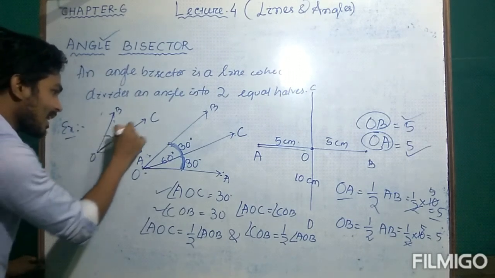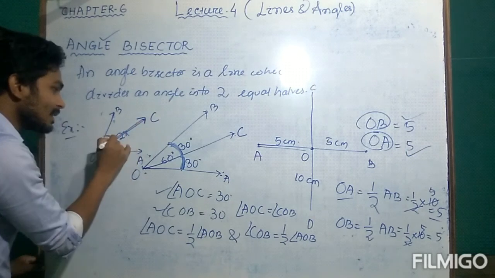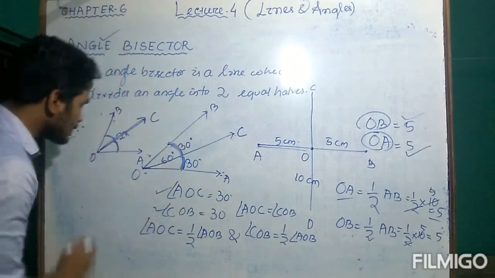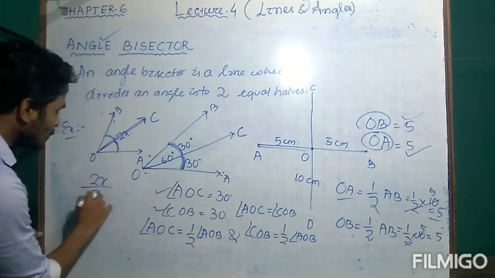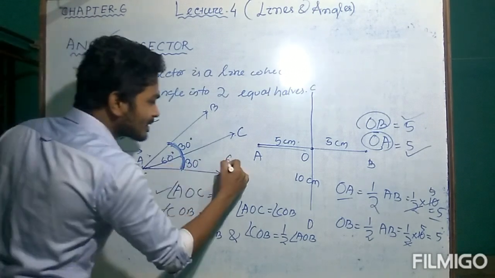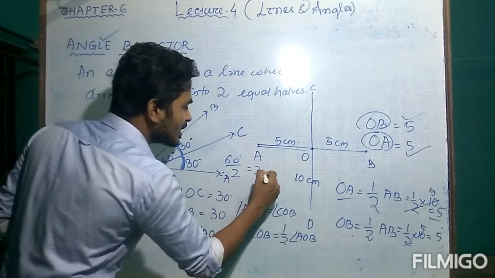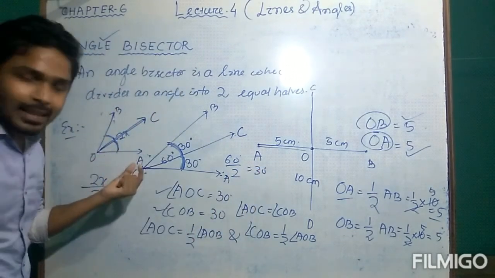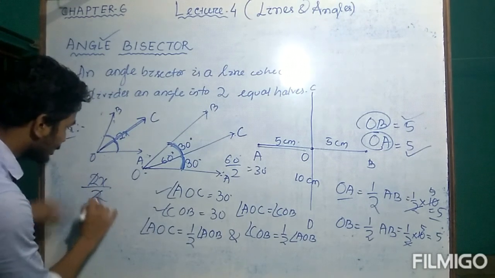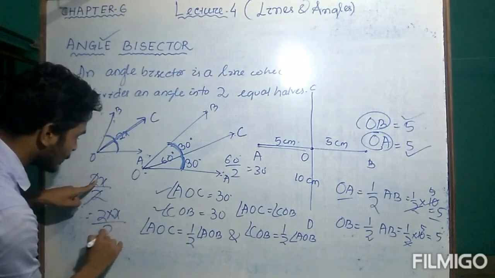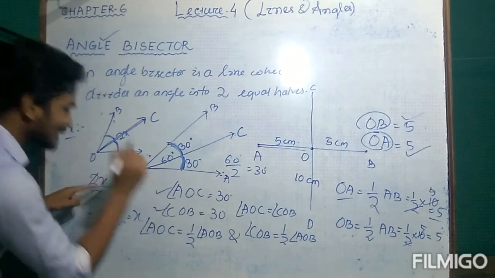Since this angle bisector divides 2x into two equal halves, divide 2x by 2. How can you divide it? By 2. Here, how can you divide 60 degree by 2? That is 30 degree. Similarly, here the angle is 2x, so divide by 2. The 2s cancel, so you get x.